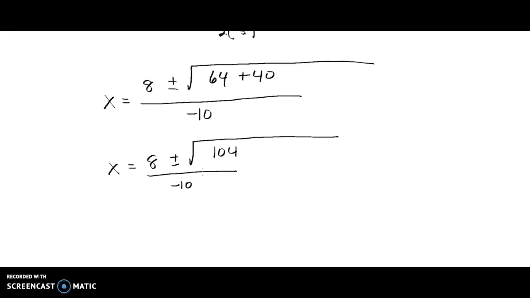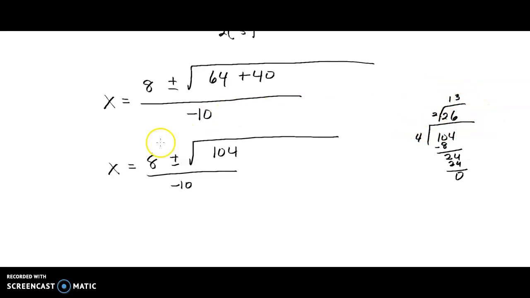And I can know as I'm dividing, so 26 divided by 2, it's going to give me a 13. There isn't any square root there.